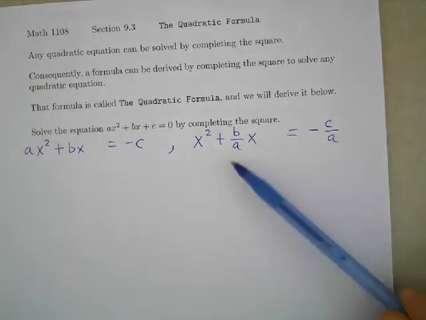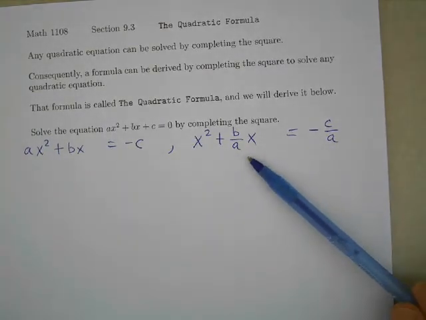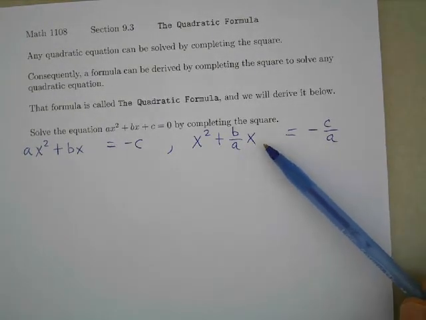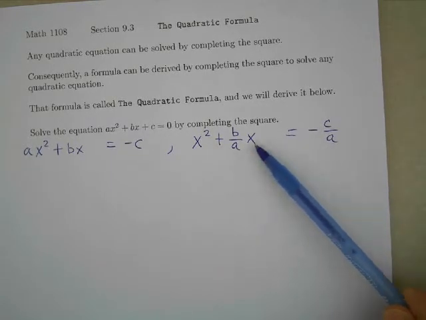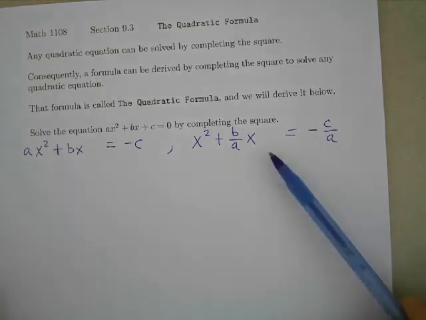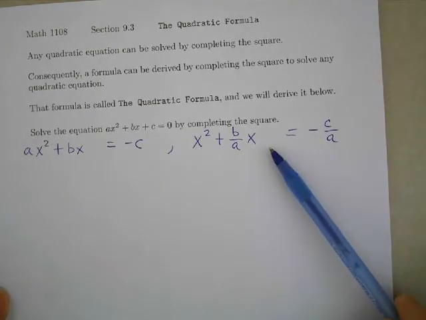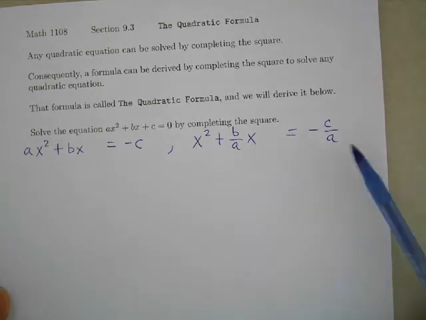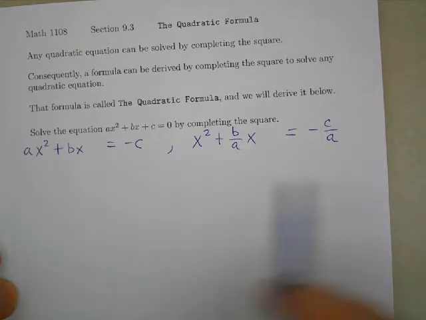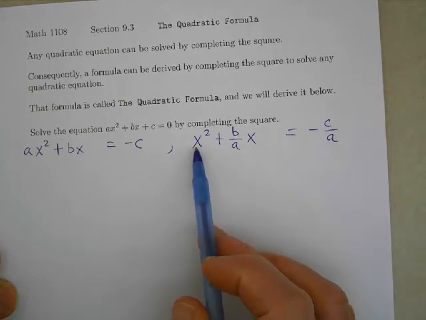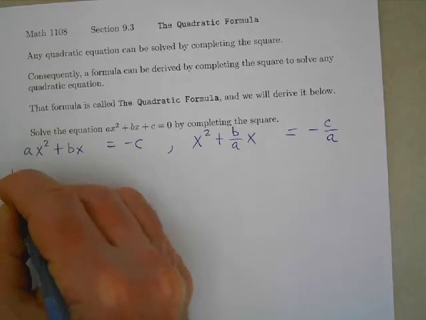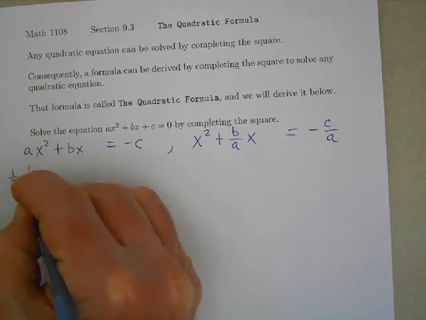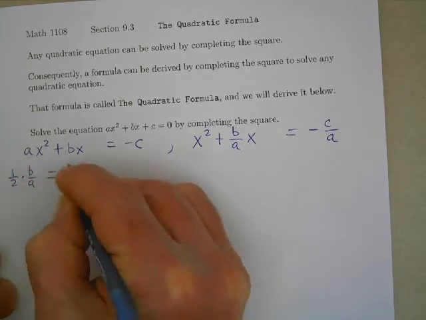Then we create a perfect square trinomial by adding the appropriate number to x squared plus b over a x. And since this is an equation, whatever we add to the left-hand side, we must also add to the right-hand side. If you remember, when the coefficient of x squared is 1, we take 1/2 of the coefficient of x, 1/2 times b over a, which is b over 2a.